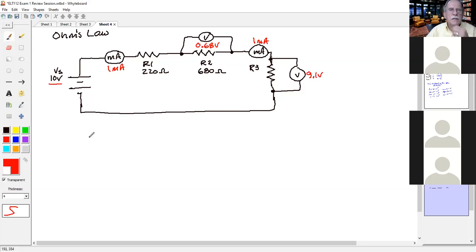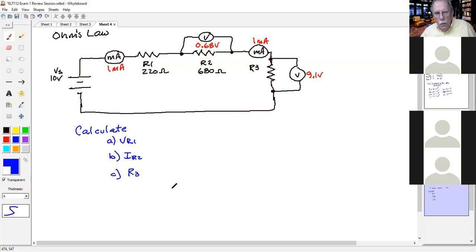So now, if I said to you, calculate V sub R1, I sub R2, and R3, we have to remember here we're looking for V. So V sub R1, we know that V is equal to I times R. But we want to make sure that we use the current that's flowing through R1 and the value of R1.